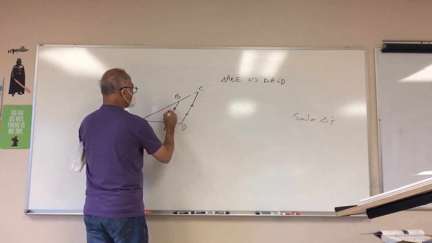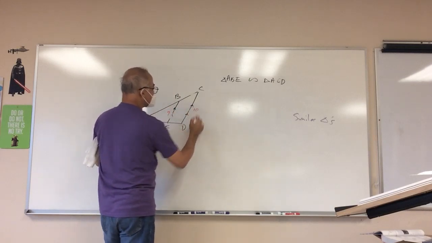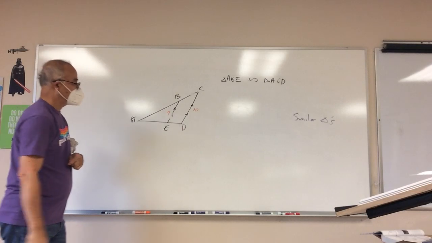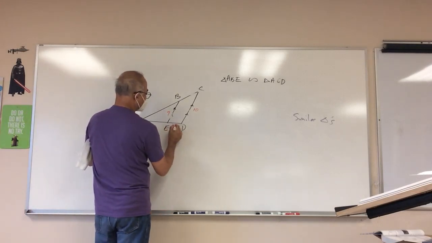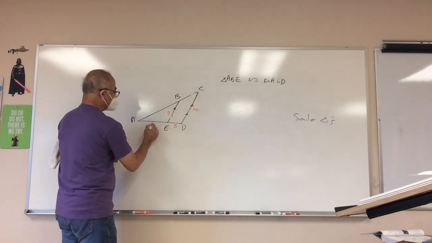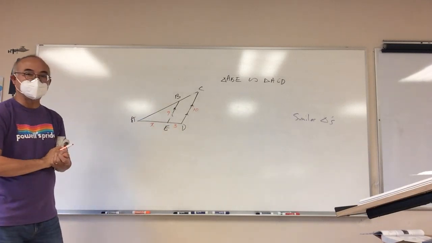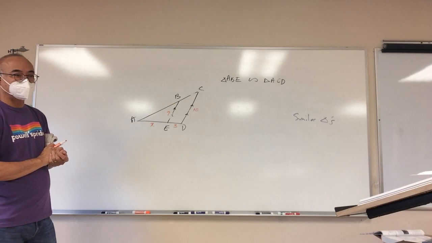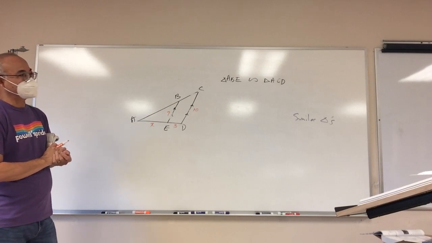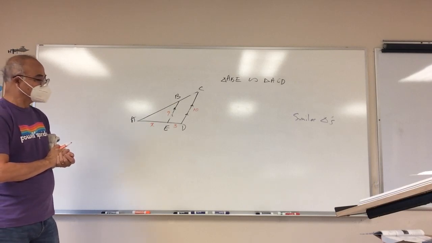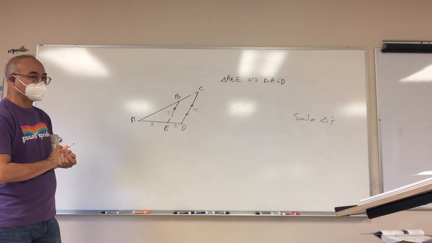And let's say this is 7, this is 10. If this is 3, what is x? How did I figure this out?